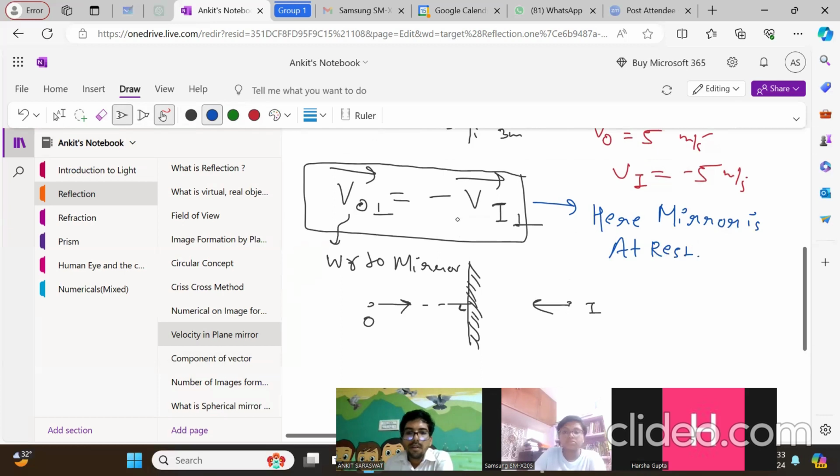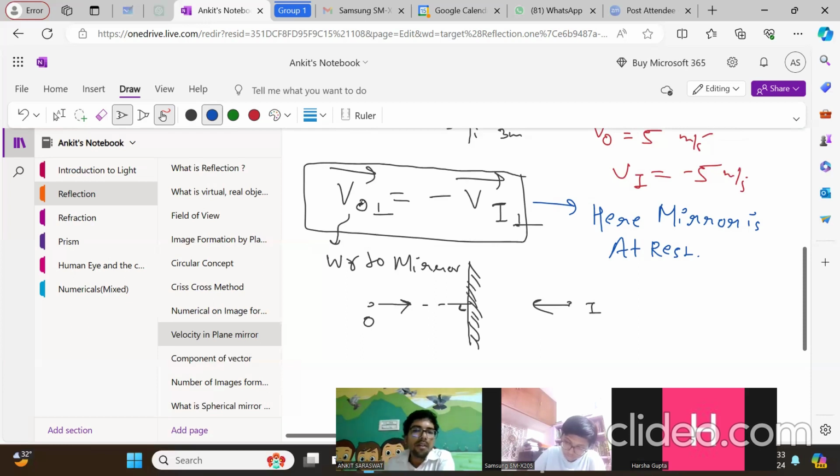Clear? Yes, sir. And what is this? You can write VO perpendicular, which means velocity of object perpendicular to the mirror surface.